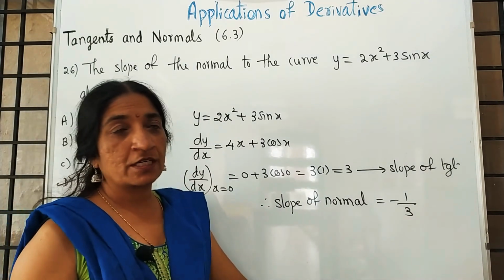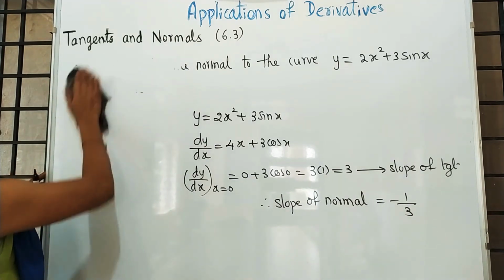Moving to the next question, that is question number 27. Again a multiple choice question.